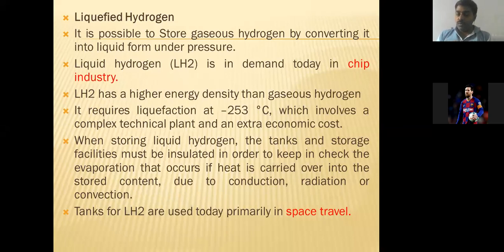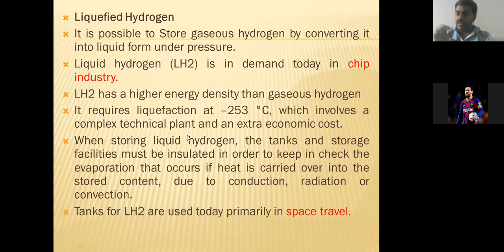Now what to do? We need to take care. A certain amount of insulating coating is to be done. What is this insulating coating? The cylinder is completely coated with insulating material.